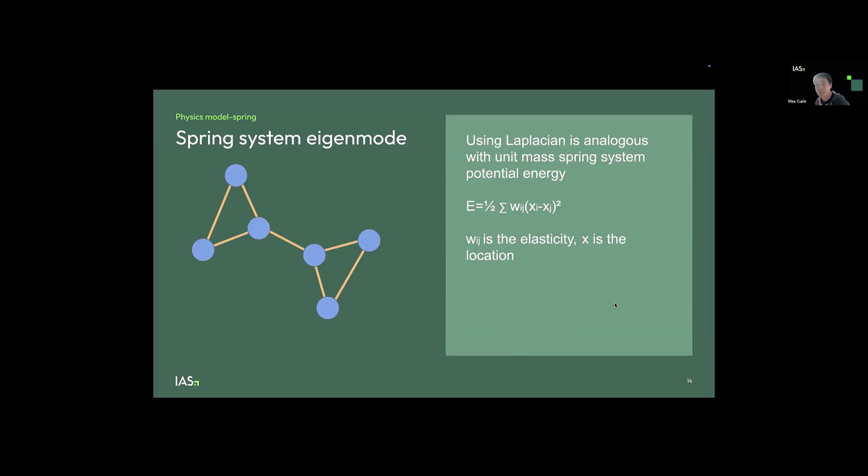What spectral clustering does is analogous to a unit-mass spring system, using the potential energy to calculate its eigenvalues. The blue in the left plot is just a unit mass, like a ball of one kilogram, and the orange line is a spring.